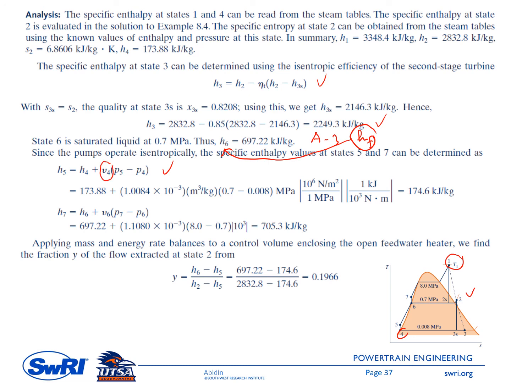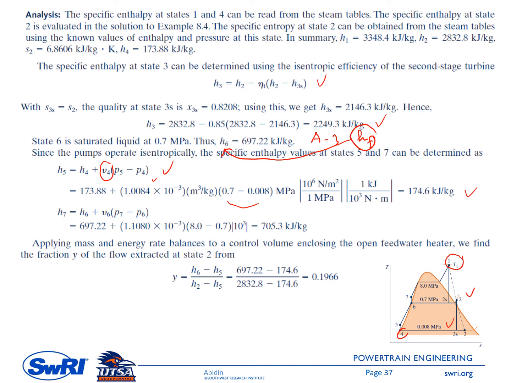You can use table A3, so this pressure table goes to a pressure of 0.08 bar. You will get v4 from vf, p5 and p4 are given from the problem, and h4 we determined from the previous example. Then you should be able to get h5.